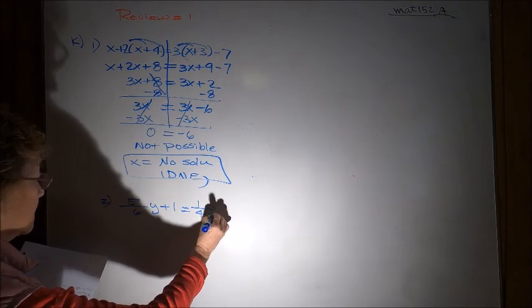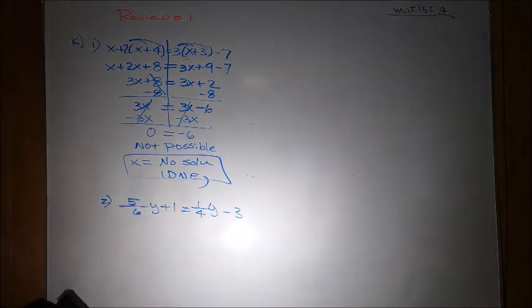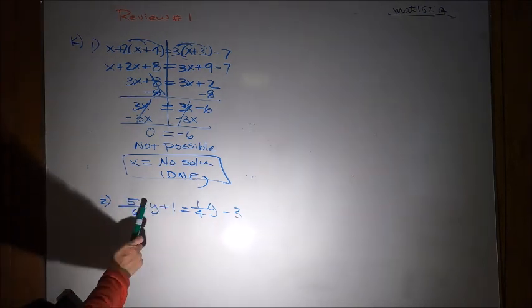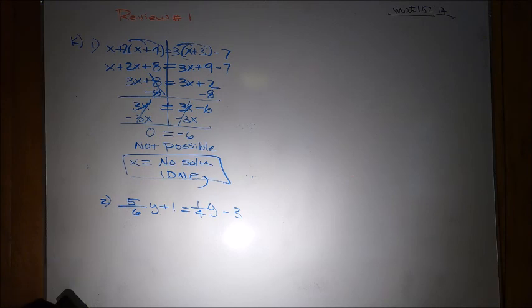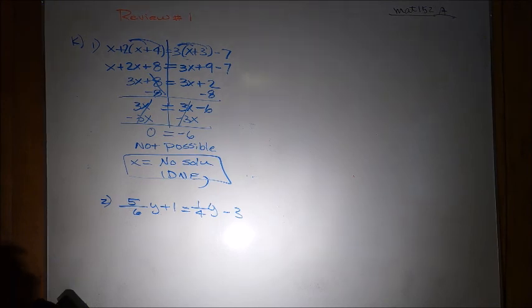Look at the next one. Do we have a linear equation? Yes. y only has what? 1 power. However, what do we have? It's a fraction. Then we say, how should we handle the fractions in this situation? We get rid of it.